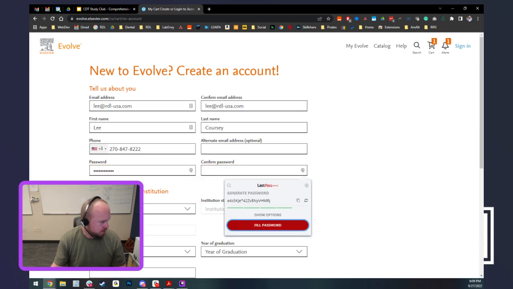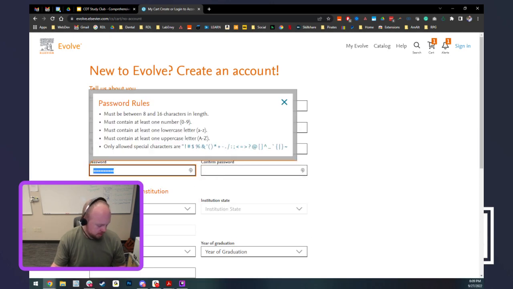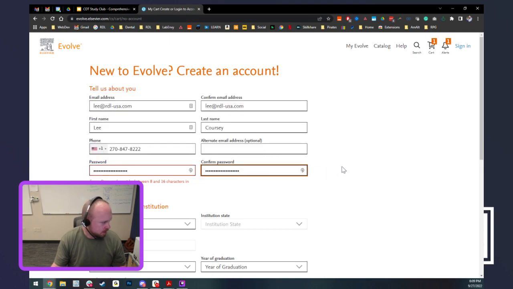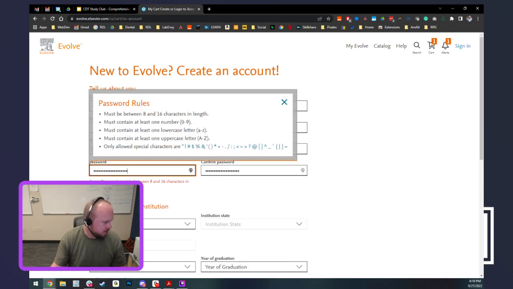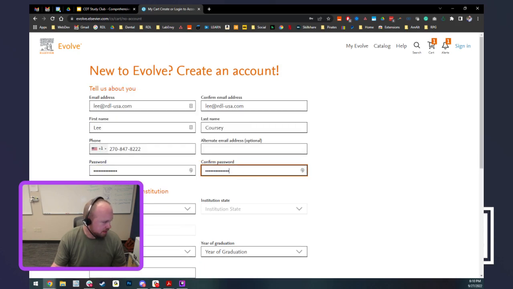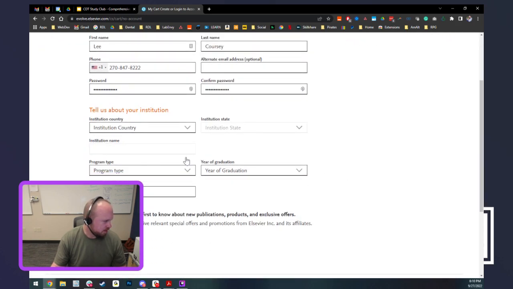Copy. Control V. There we go. Oi. You're killing me, Smalls. Why does it have to be 16 characters? I don't know, because they want to be a jerk about things. They want to control your life.